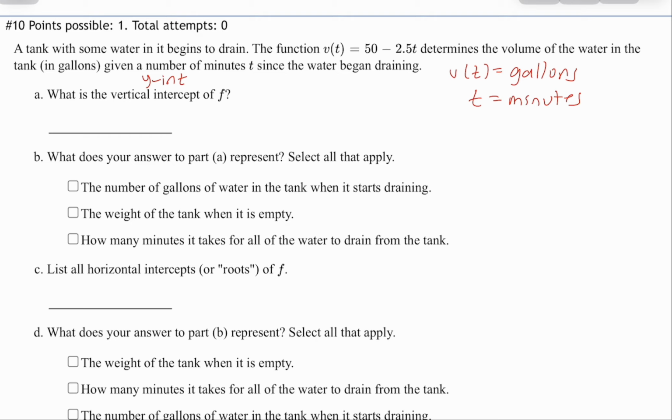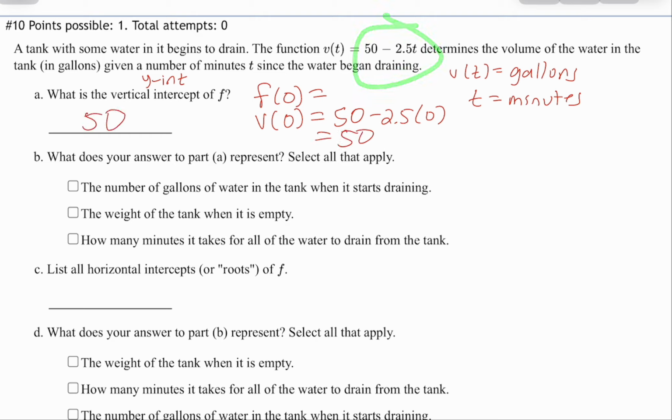So our y-intercept is the nice one. We just get to plug in 0. So in this case, it's V of 0. So it is 50 minus 2.5 times 0, or 50. Now, if your function is 40 minus 2.5t, or 30 minus 2.5t, it's that 40 or 30, 50 in this case.